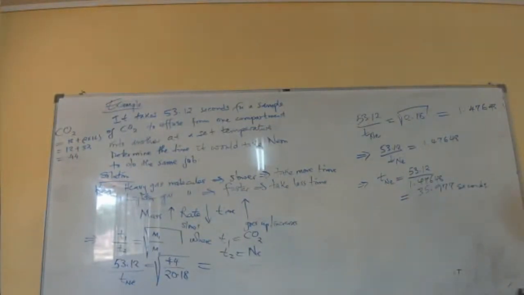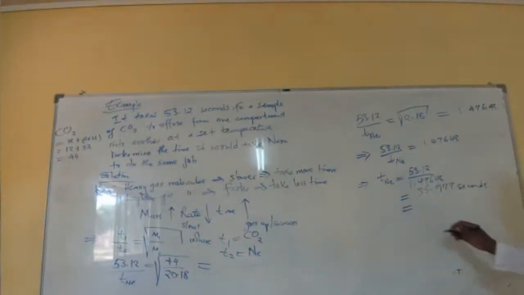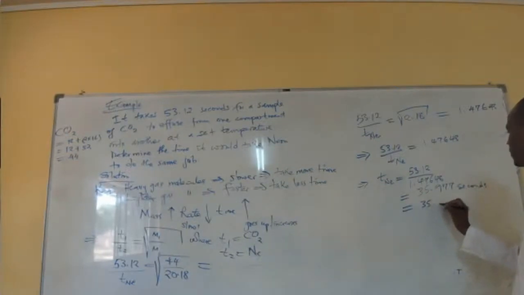When we round that up, we're going to have 35.98 seconds. If you analyze what you have gotten there, the time for neon and the time for carbon dioxide, you will notice that this also follows Graham's law, in that we can predict.